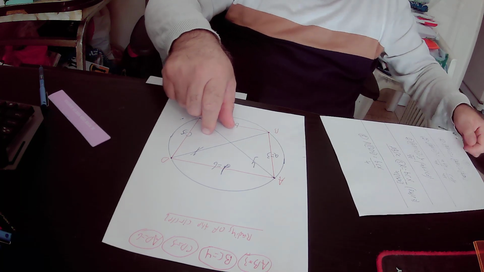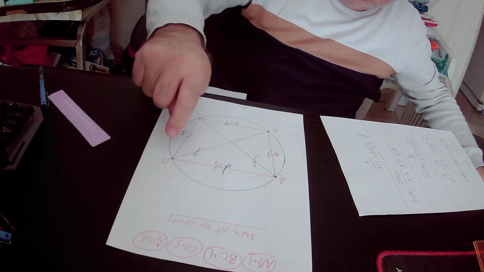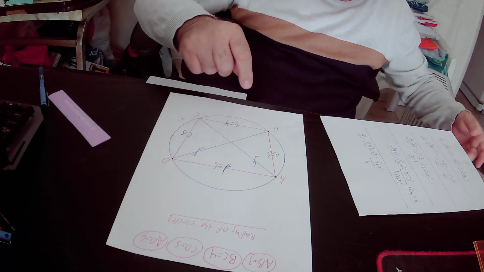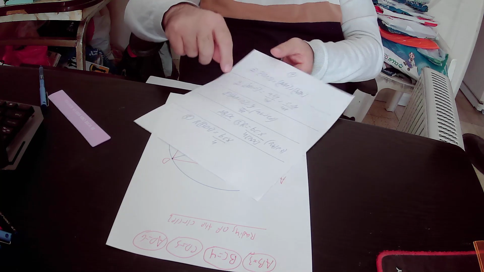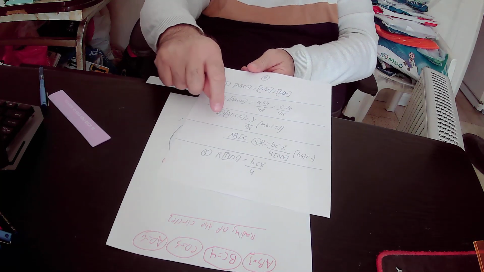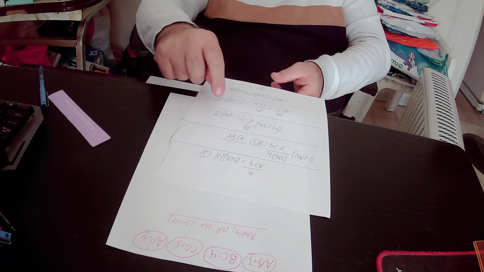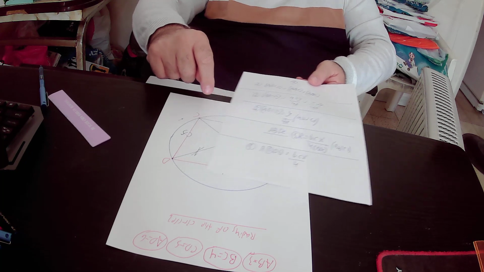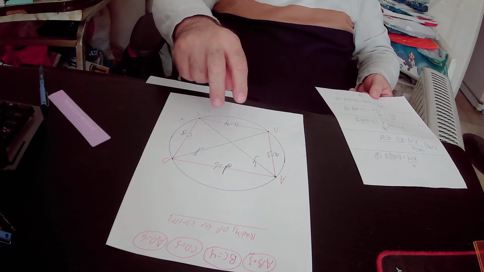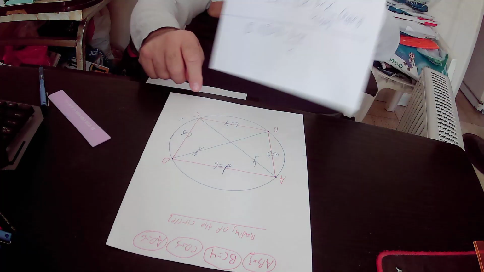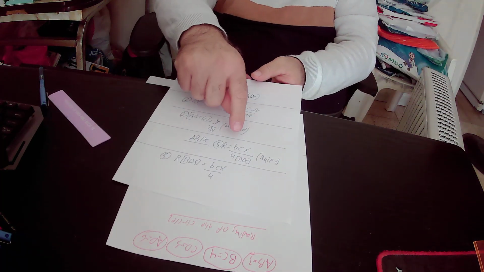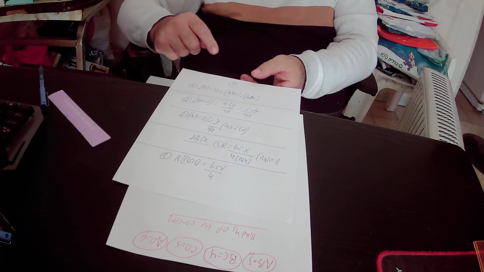Okay, then we focused on this triangle BDC. This triangle BDC is described by the blue circle. Therefore, according to rule number 3, the radius of the blue circle that circumscribes triangle BDC will be equal to the product of triangle BDC sides, that is to say B times C times X over 4 times the area of triangle BDC.